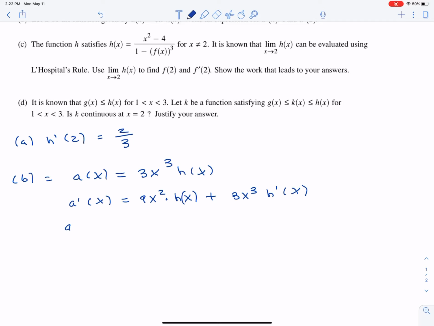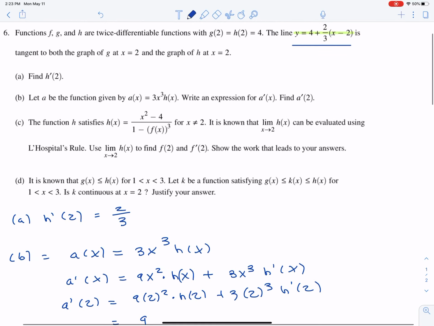Now finding a prime of 2, we get 9 times 2 squared times h of 2 plus 3 times 2 cubed times h prime of 2, which gives us 9 times 4. H of 2, we were told, was equal to 4.